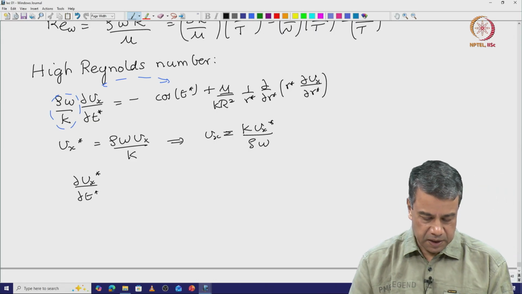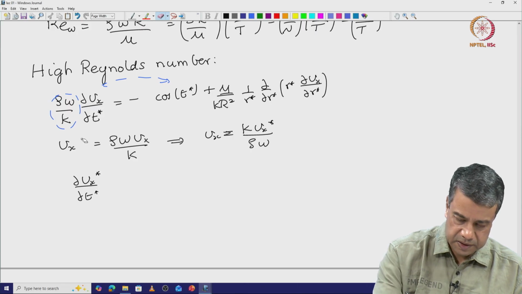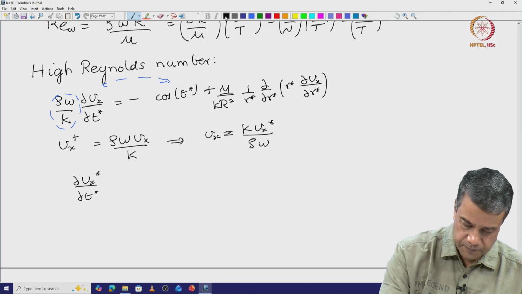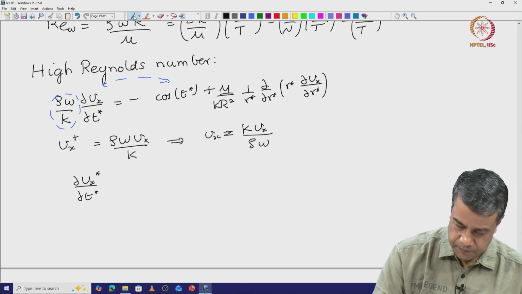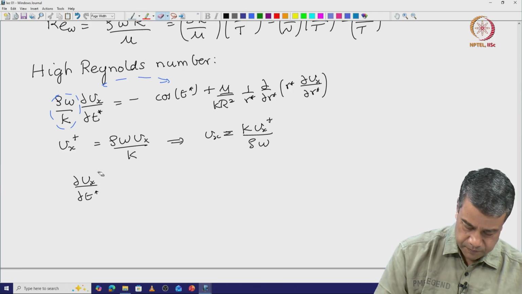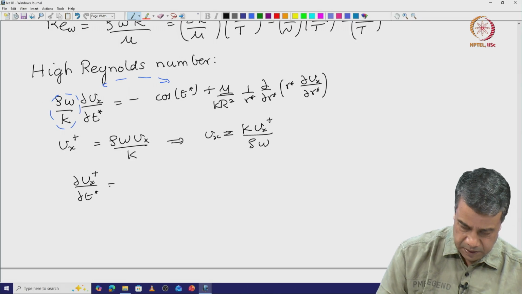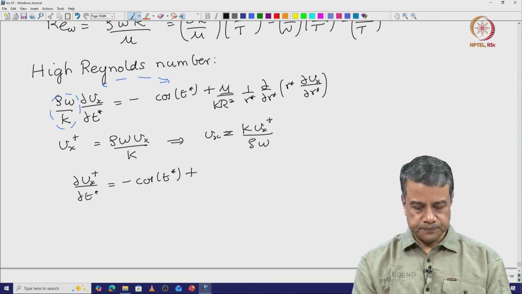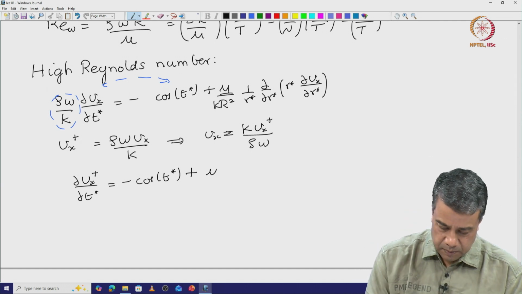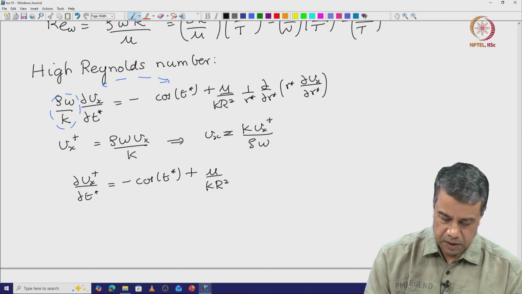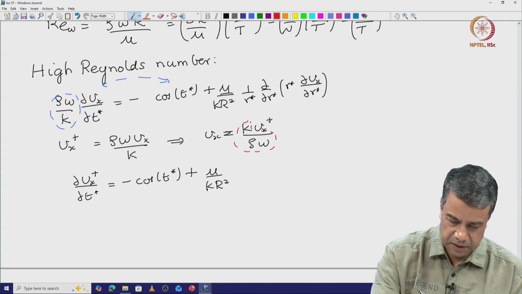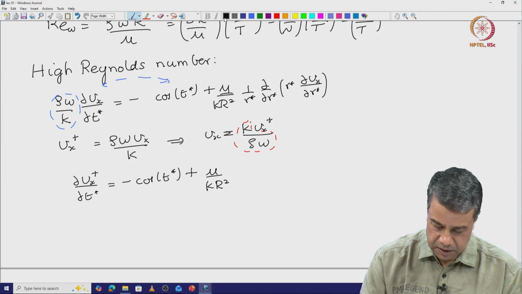I will give it another index, V x plus, so as not to confuse with the viscous scaling, is equal to minus cos of t star plus mu by k r square, and then I get this additional factor here when I express it in terms of the scaled velocity, that is k by rho omega.